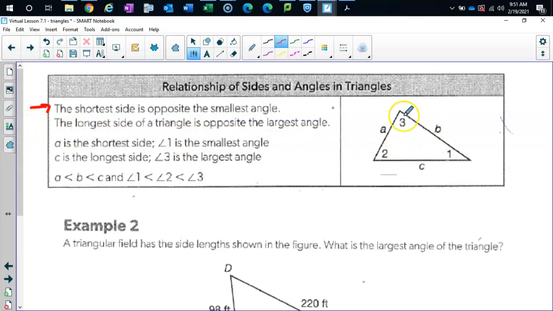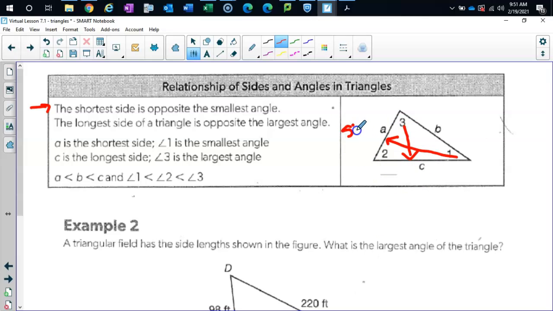Now, take a look at this. Look at this picture. Angle 1 is the smallest angle. If I go opposite that, angle A is the smallest side. Smallest angle, go opposite smallest side. Look, 3 is the biggest angle. C is the longest side.